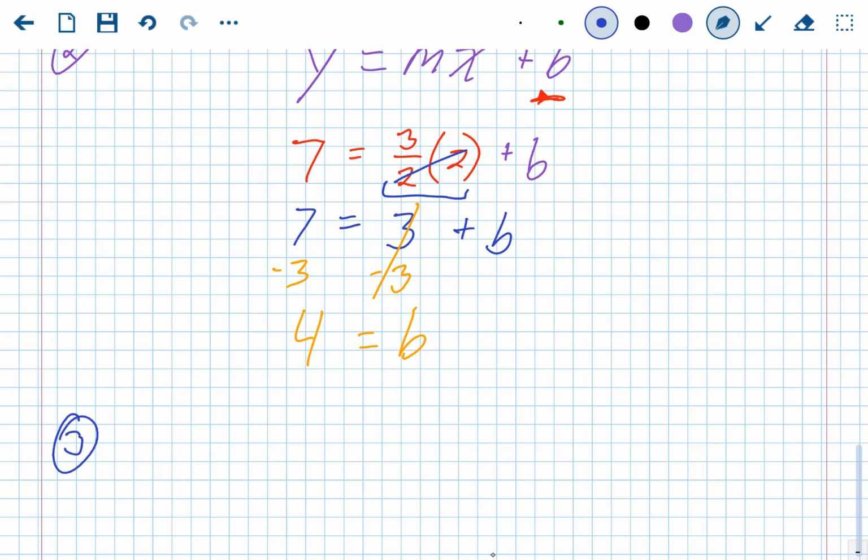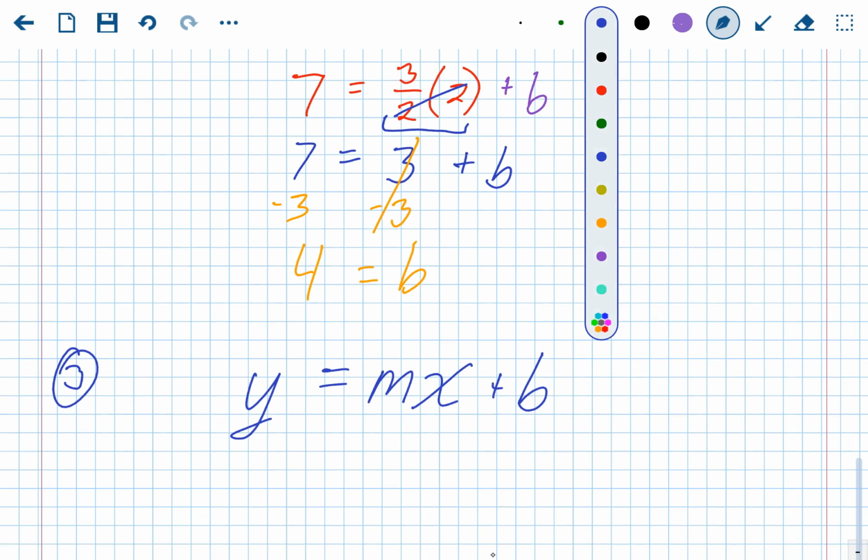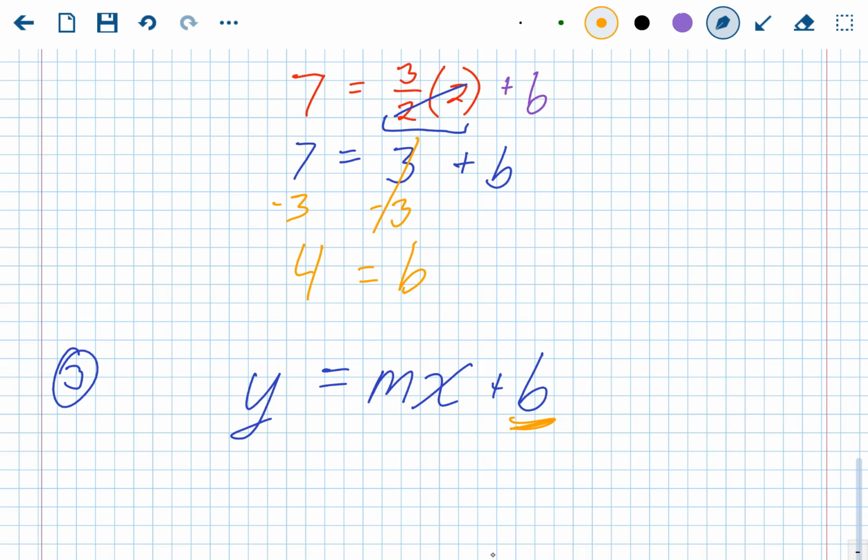Now, all your linear equations have to have y and x in them. So when we're writing the formula y equals mx plus b, you do not put the 2 and the 7 back in for y and x, because it has to be the equation for that line. So all we're going to do is plug in the slope for m and the value for b.